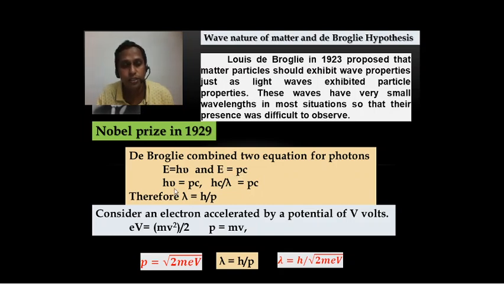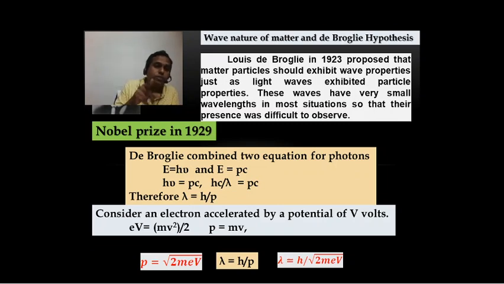From these two equations we can say h nu is equal to p into c. h nu means hc by lambda, that is equal to p into c. Then c gets cancelled, and what we get is lambda is equal to h by p. That is the wavelength associated with the moving particle.